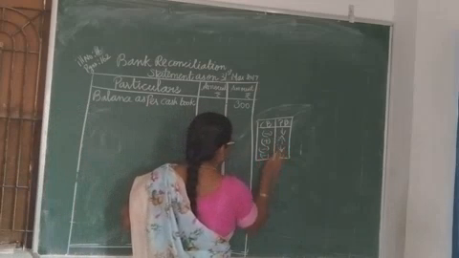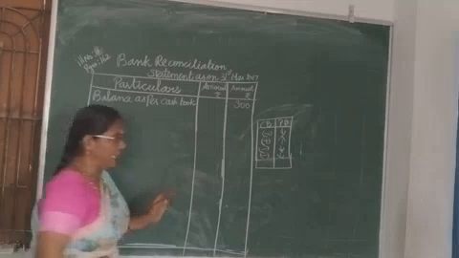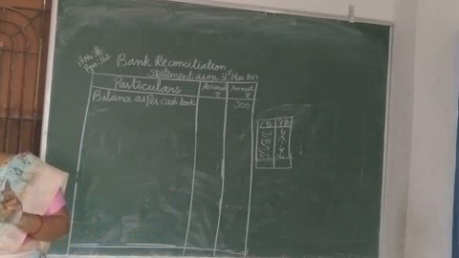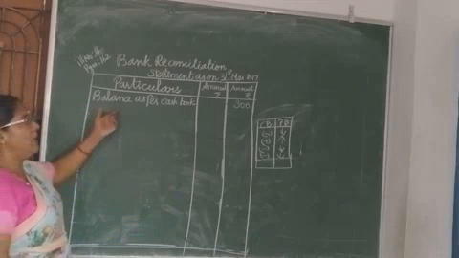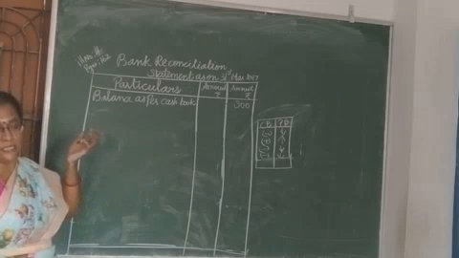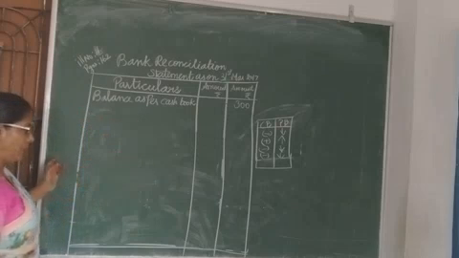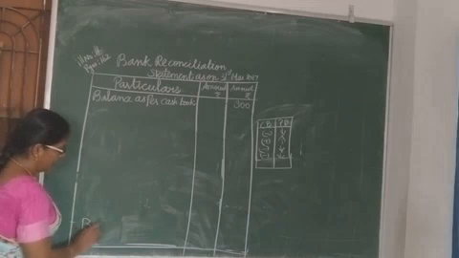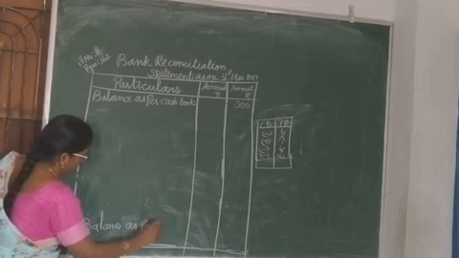So we can less. Then what is the entry remaining? Is there any remaining entry? Cash balance. We are going to write the balance as per cash book. While starting the sum, we start with the balance as per cash book, and we are going to get the answer, balance as per passbook.